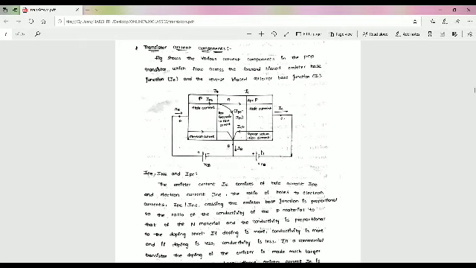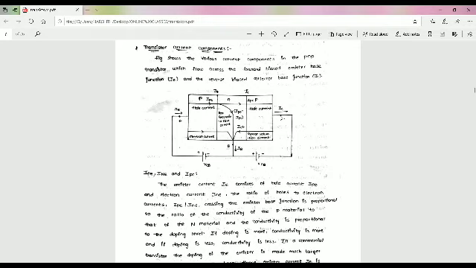Once again, transport factor beta is the ratio of injected carrier current reaching the collector base junction JC to the injected carrier current at the emitter base junction. So beta equals IPC by IPE.